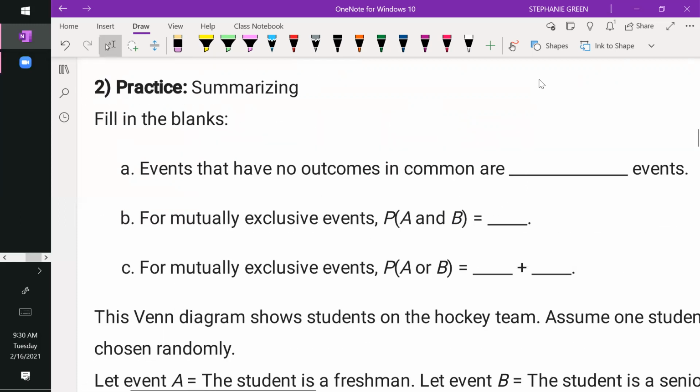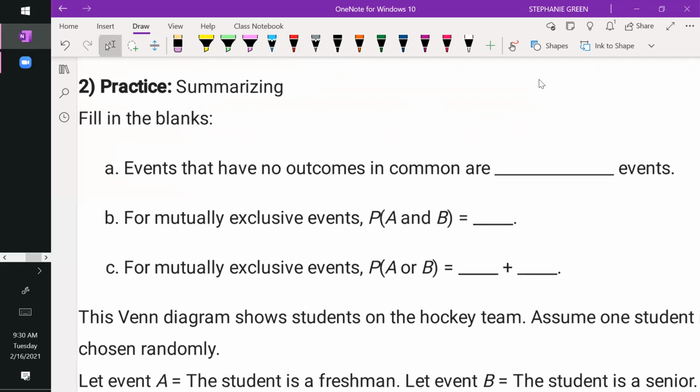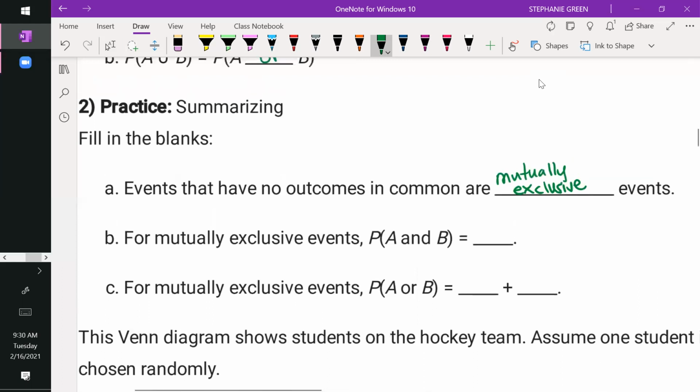All right, so events that have no outcomes in common are called mutually exclusive events. Okay, meaning if event A and event B are mutually exclusive, then the probability of them both occurring at the same time is 0, meaning they have no intersection.